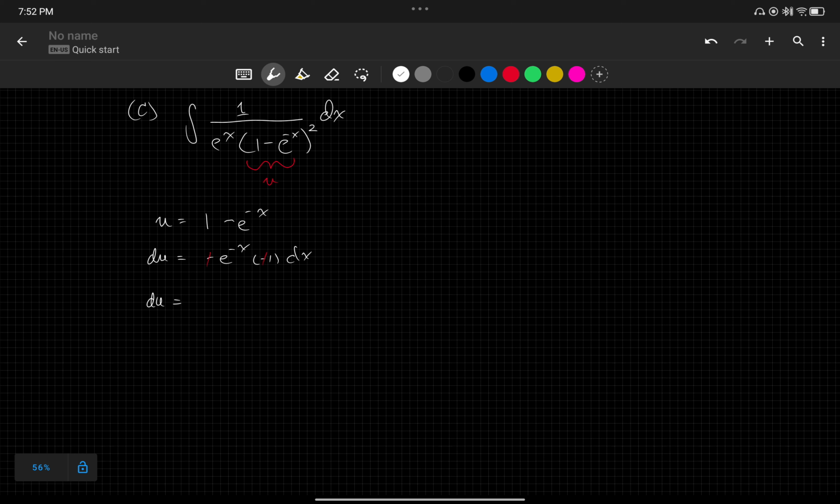I'm going to have dx and e to the negative x, but if it's negative, I can bring it downstairs. That way, it'll be dx over e to the positive x. And I think that matches if I rearrange this part with this part. So let's rearrange things.